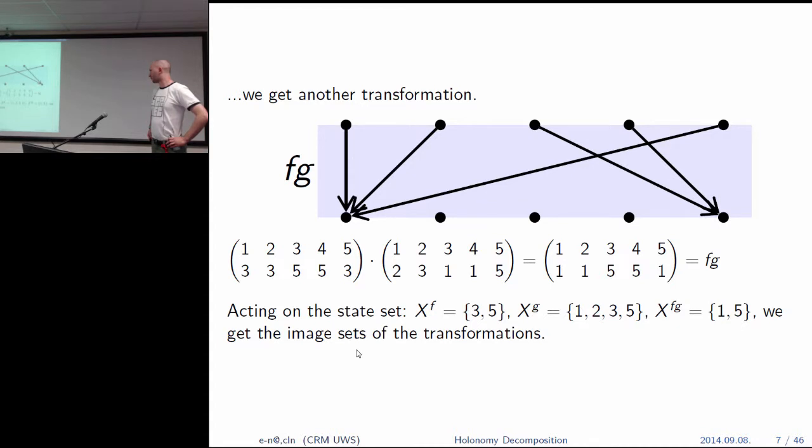The image set of the combined transformation is {1, 5}. I use exponential notation for the action on the state set, which is slightly unusual in automata theory, but I'm getting more and more influenced by the algebraic literature, so that's why the change.